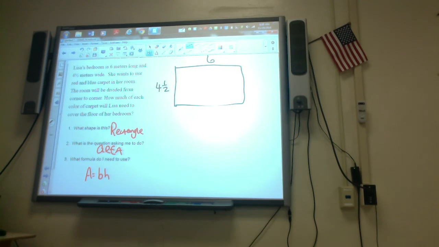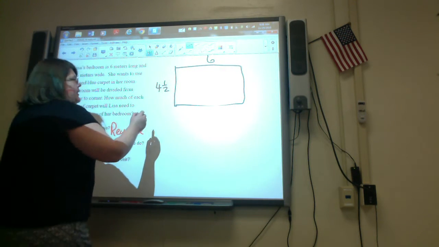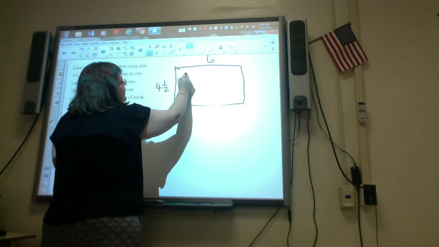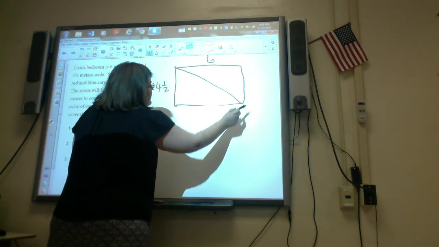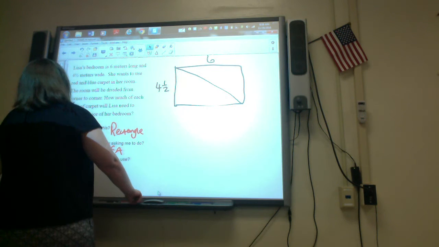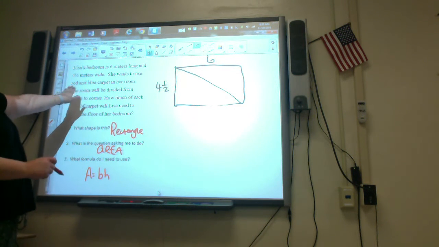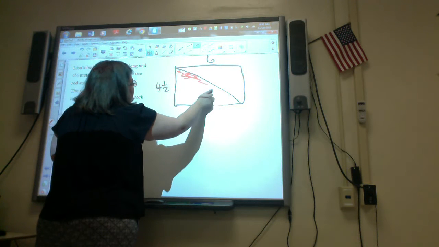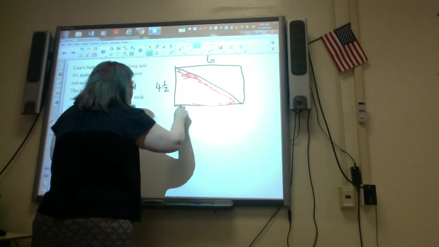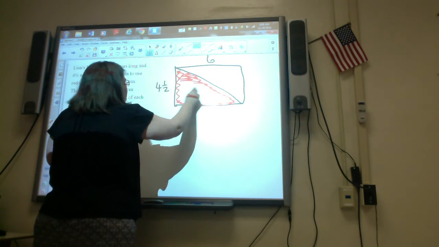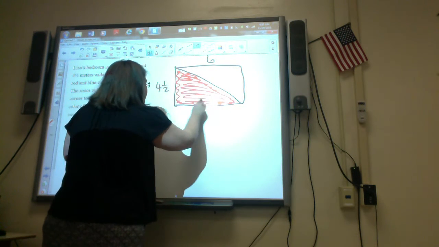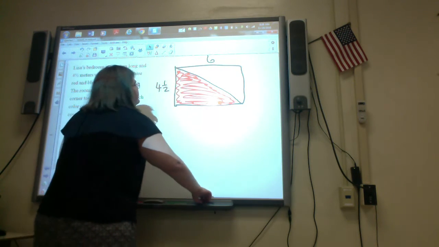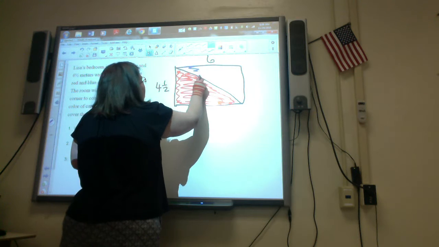Remember, let's not yell out. So I'm going from corner to corner. And it says part of it will be red, and the other part will be blue.